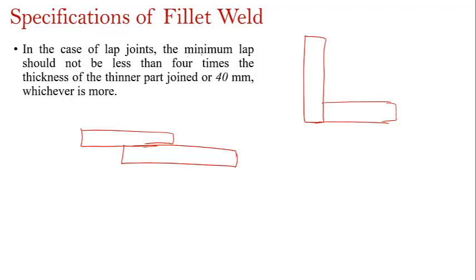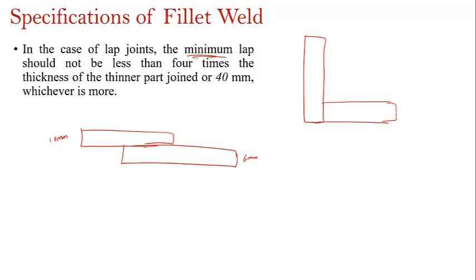The minimum lap length should not be less than 4 times the thickness of the thinner part. For example, say the first plate has a thickness of 10 mm and the second plate has a thickness of 6 mm, so you have two different thicknesses of main plates.